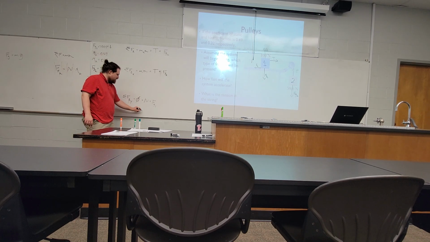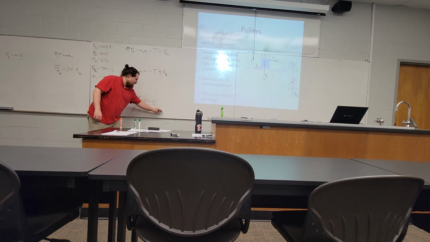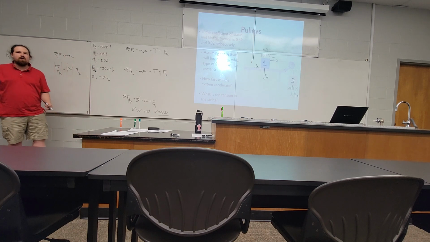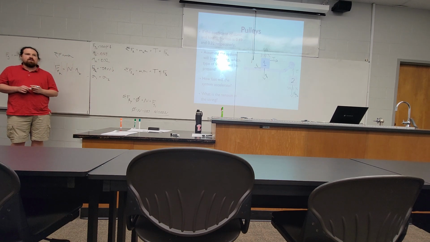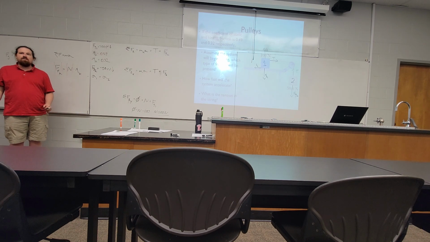Therefore, if box 1 weighs 100 newtons, the normal force acting on box 1 must also be 100 newtons. Again, some of you probably assumed that yourselves. I'm just showing the math of where we get that assumption.